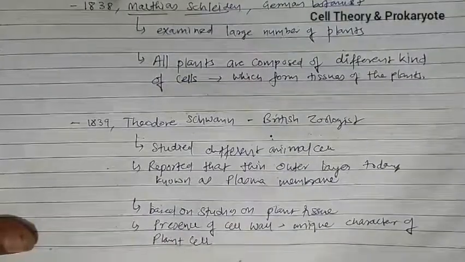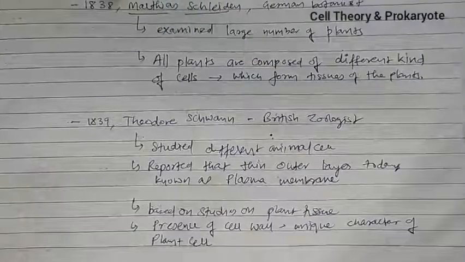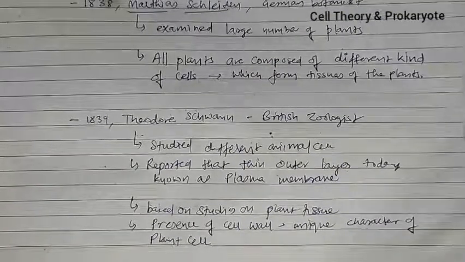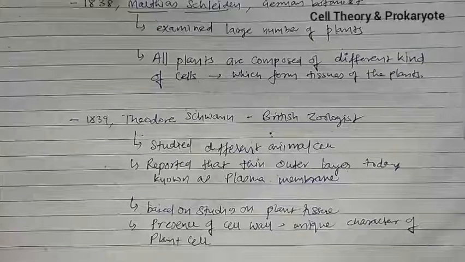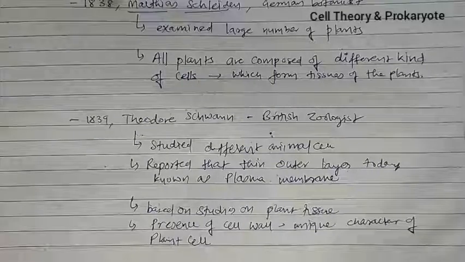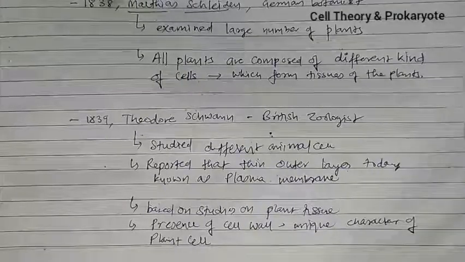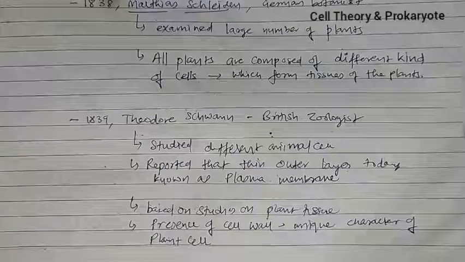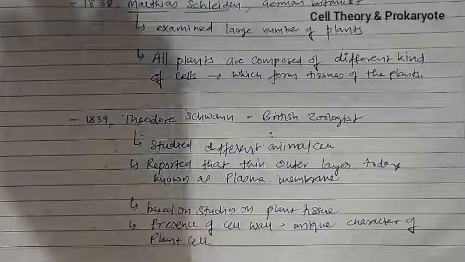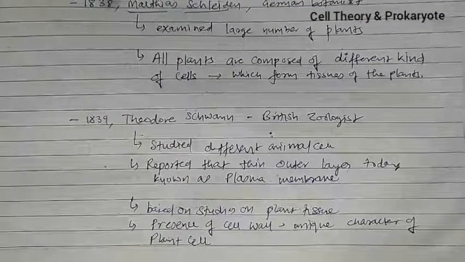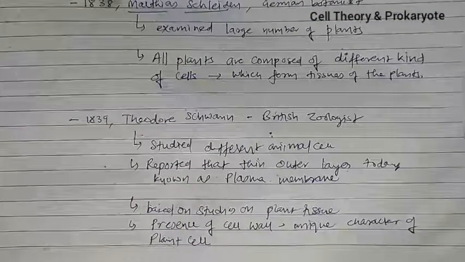On the basis of this, Schwann proposed a hypothesis that the bodies of animals and plants are composed of cells and products of cells. Schleiden and Schwann together formulated the cell theory.